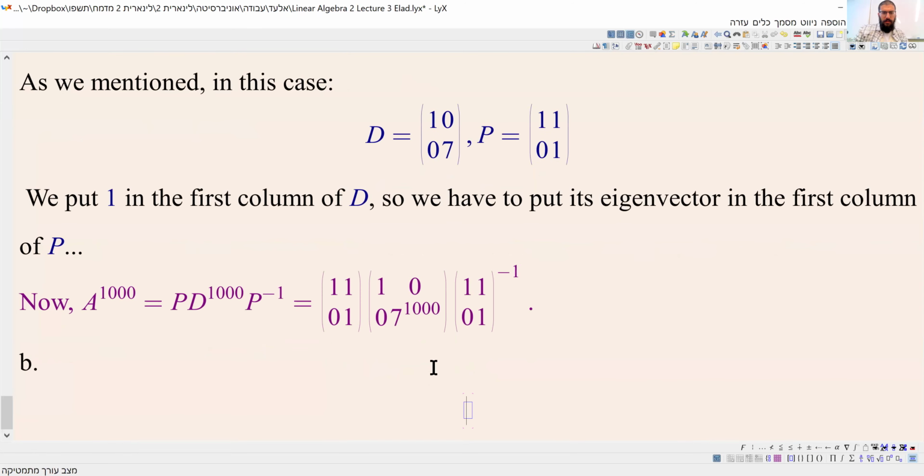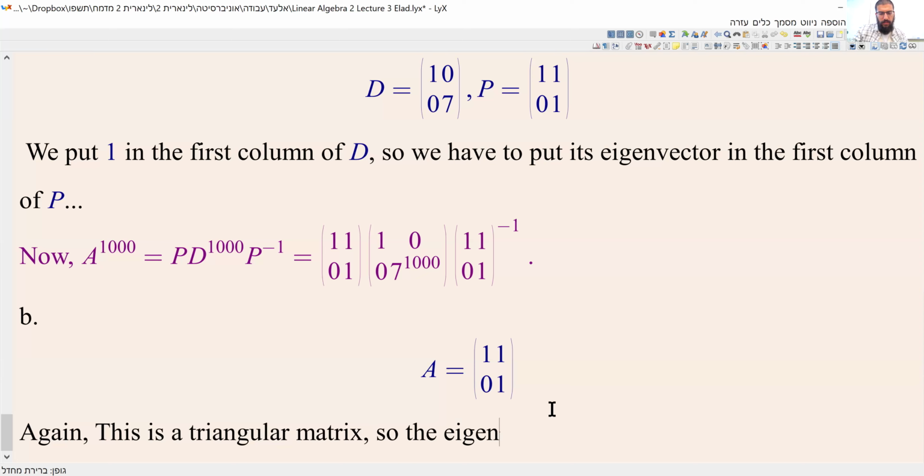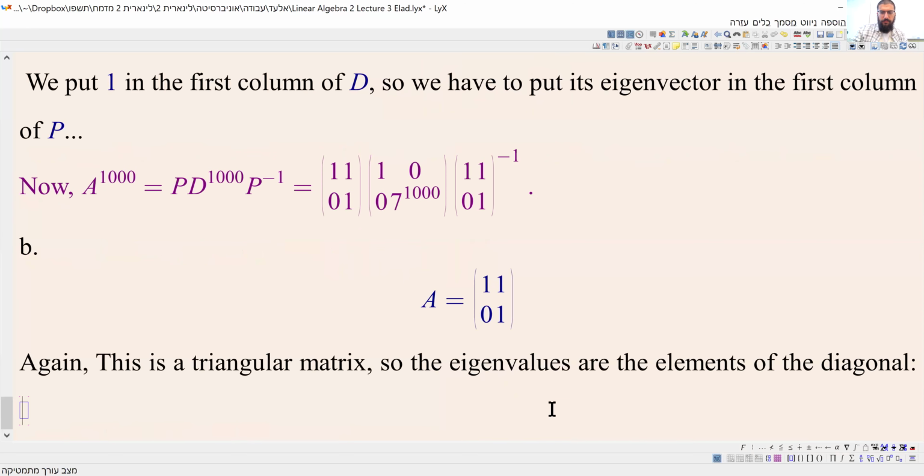Let's say A is the matrix 1, 1, 0, 1. Again, this is a triangular matrix. So the eigenvalues are the elements of the diagonal, which is just 1.